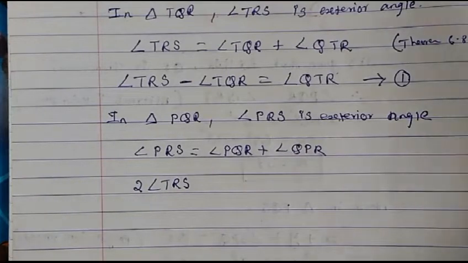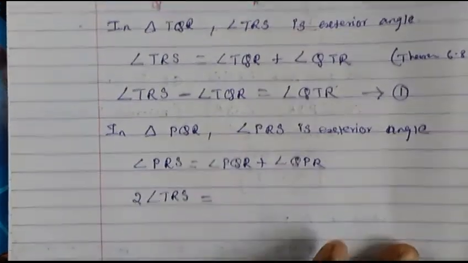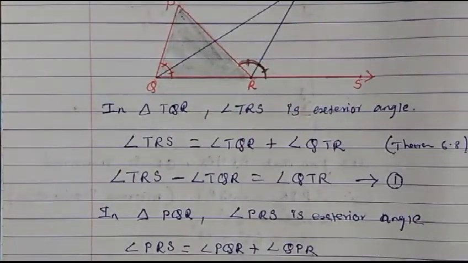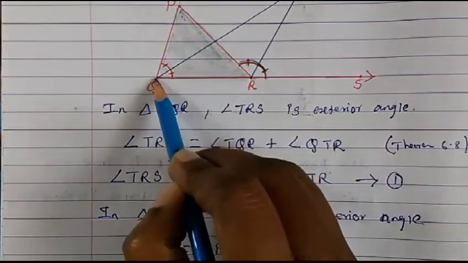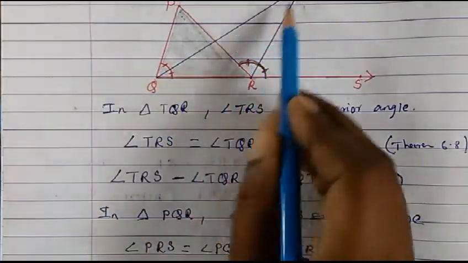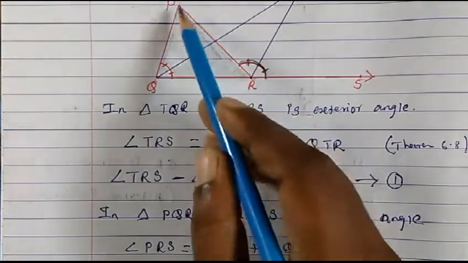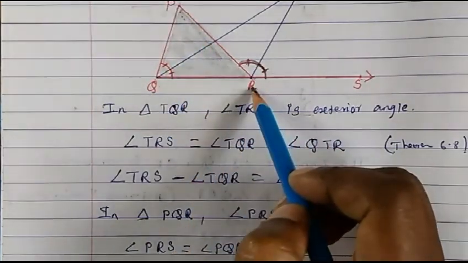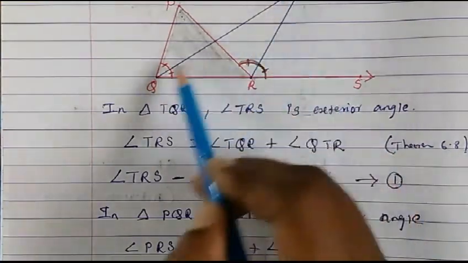Same way, PQR. Which one is PQR? PQR also is divided equally by this bisector, into equal halves. So PQR also we can write as 2 times TQR.